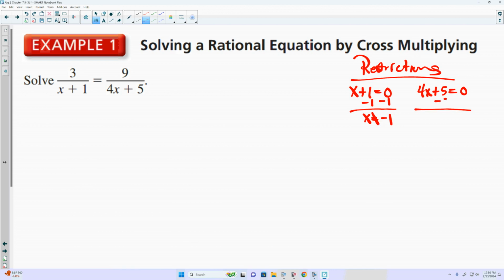On the other one, we would minus 5 from both sides, telling us 4x equals -5. Divide by 4, telling us x cannot be -5/4. So if we get either one of these as a solution, we can remove it because it's one of our restrictions. -5/4, yes.